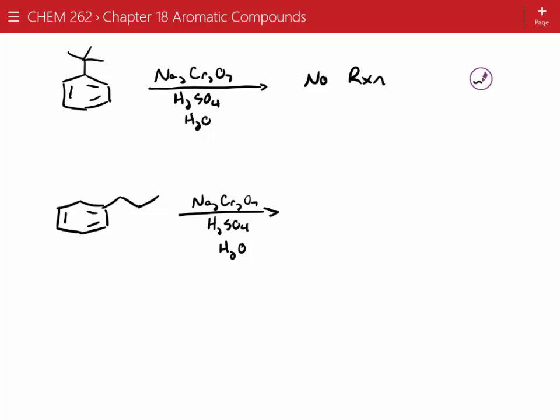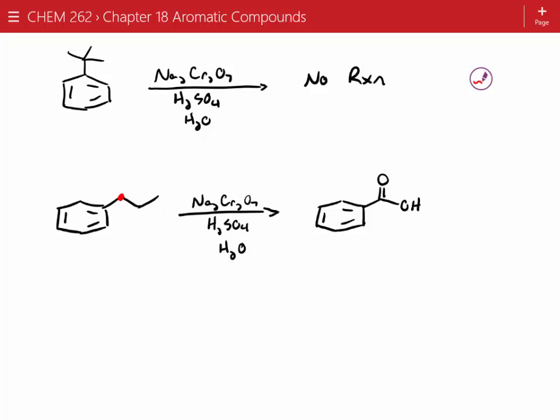What happens to the rest of the chain? It just gets cleaved off. So in this case, you get the same product as we saw above, because the oxidation can only occur at this red carbon. It won't occur further down the chain because those aren't benzylic carbons. They're not the carbons that are attached to a benzene ring. The other 2 carbons, that ethyl group, just gets cleaved off. And so we're not worried about that. We're only oxidizing the benzylic position.